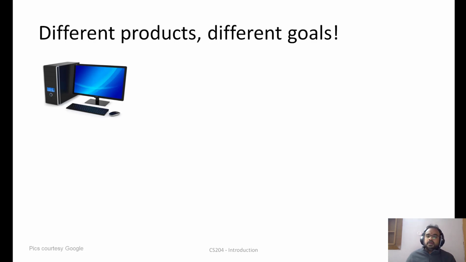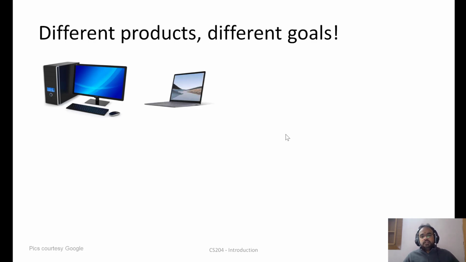We have a mouse and a keyboard, and these would typically be the input devices, and the display or the monitor is the output device, and the black box that is sitting here is the CPU. That's where all the computation happens. The inputs from the keyboard and mouse are connected to the CPU, and it performs something and displays the result on the monitor.